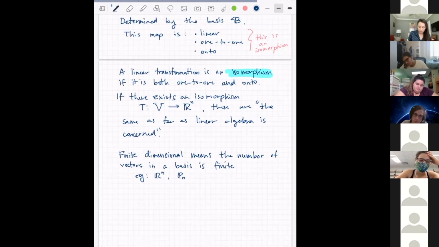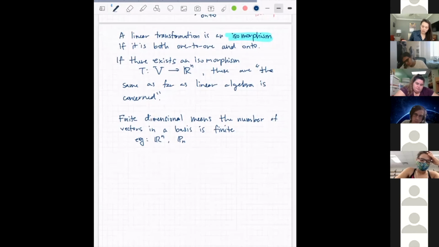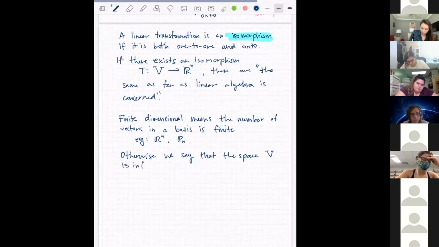And then we've seen some other examples as well. Otherwise, we say that the vector space V is infinite dimensional if it's not finite dimensional.